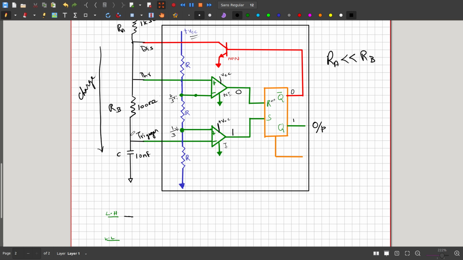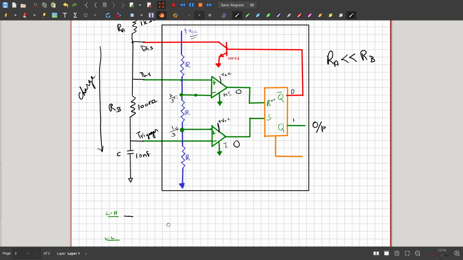At the moment when the voltage is higher than 1/3 of the reference voltage, this goes to logic low. But since the reference voltage is still below 2/3, this will remain in the zero state. So R and S now have a 0 and 0 input, therefore the state remains the same. Q bar will be low and Q will be high.